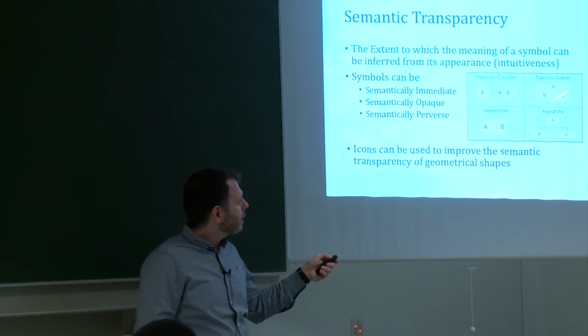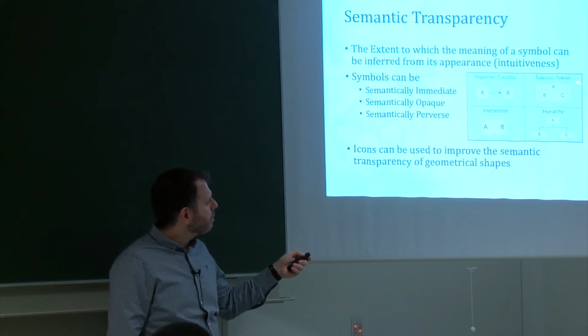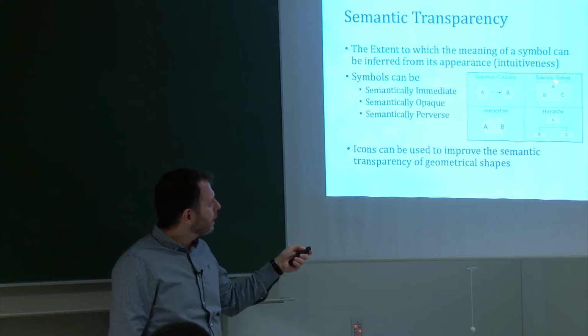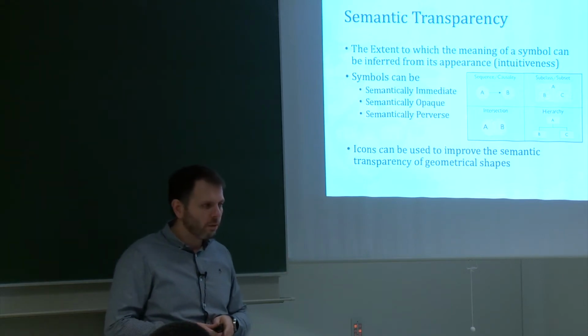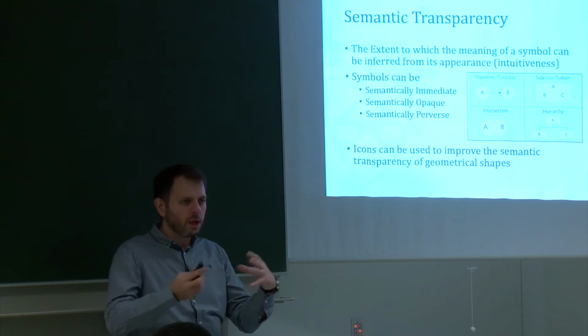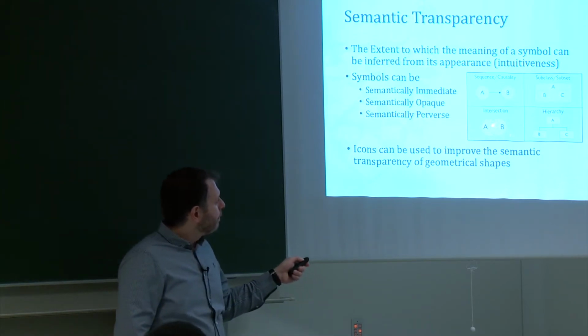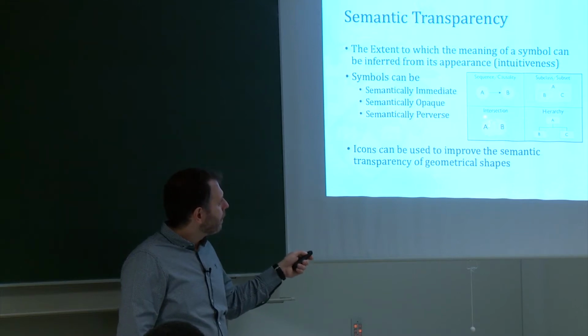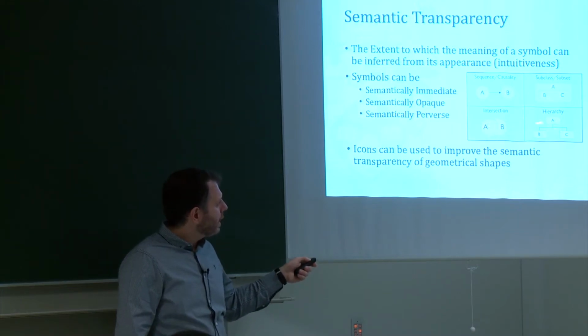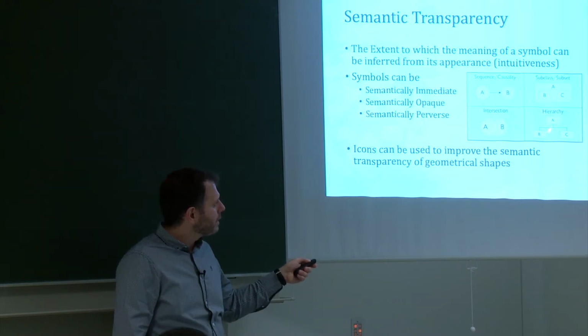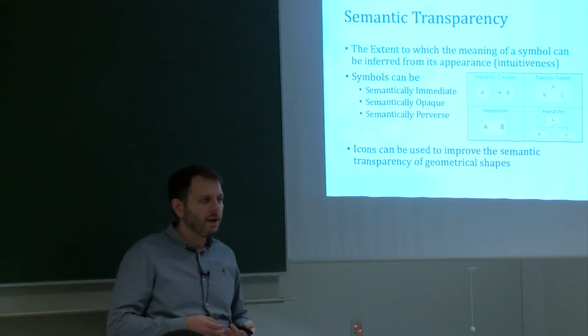The same goes with subclassing or subset. So compartments, spatial containment is a very intuitive way to show belonging, to show things like a subset relationship. Spatial overlap can show intersection, and then positioning something above something else tends to show hierarchy, right?